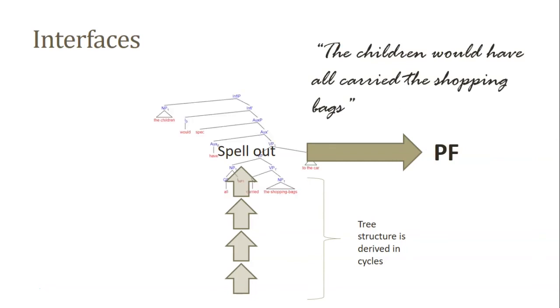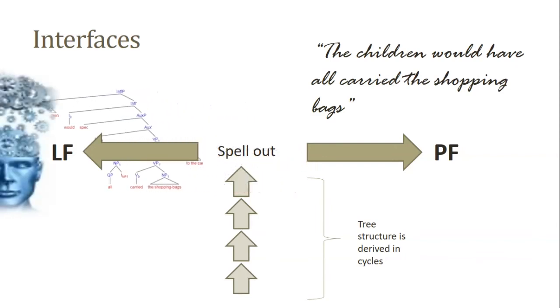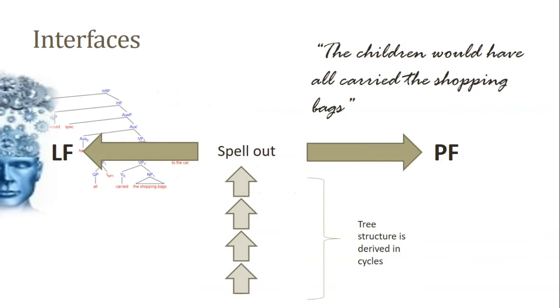The other interface is called LF, or logical form, and what logical form does is take this tree structure and interpret it semantically, ultimately feeding it into the parts of the brain and the mind that require meaning. In this way, we have developed a complex sign, or a sentence, which has both a physical manifestation as a phonological pronounceable form, which is also paired with some kind of a semantic meaning.